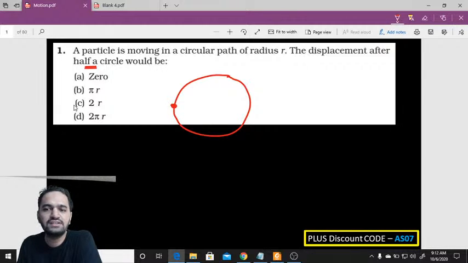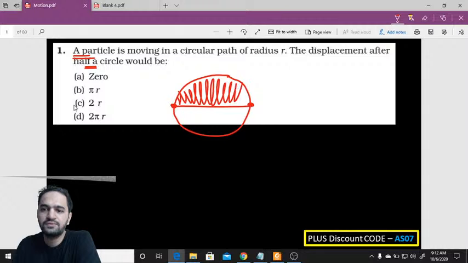Let us just say this is a starting point. An ending point also has to be assumed, but that ending point is given in the question. They have said the ending point is at half of the circle. So half of the circle means what? Another half. That means this point. Okay, so this is half of the circle we're talking about. Now can you tell me the displacement in this case?